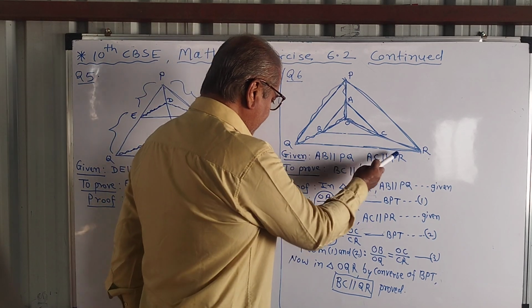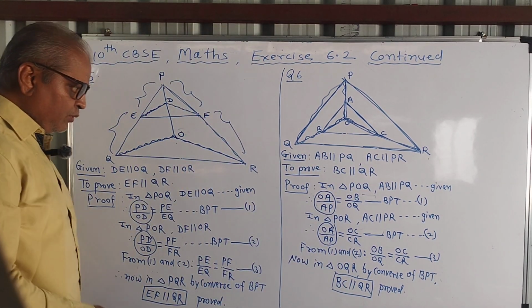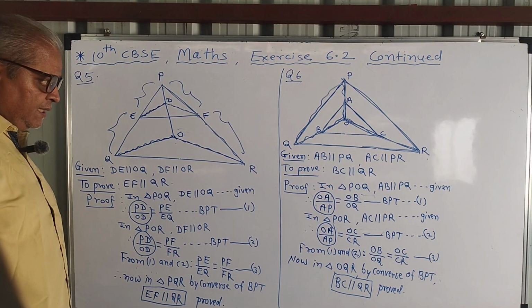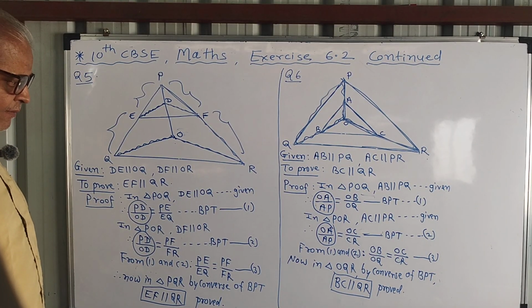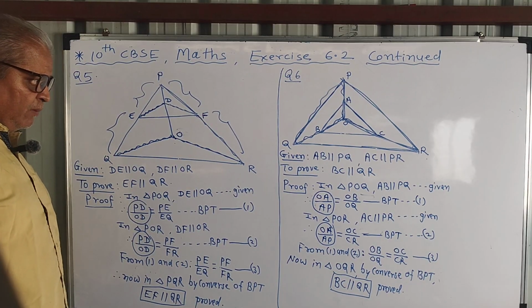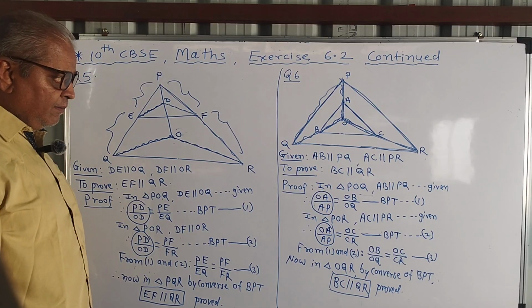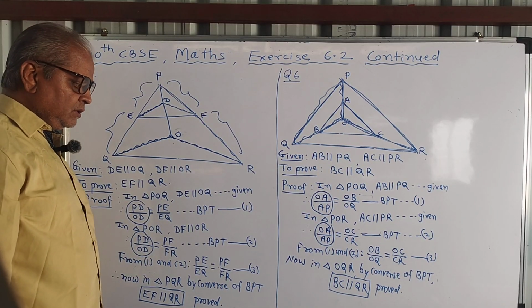So BC is parallel to QR, hence proved. This is how we can solve question number 6. Two steps by BPT and the third step by the converse of BPT. It is again sometimes for 2 marks or maybe for 3 marks.